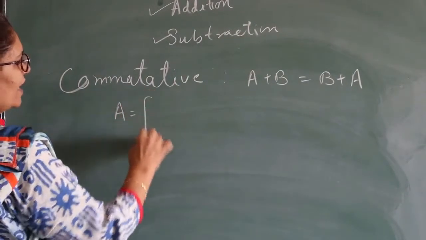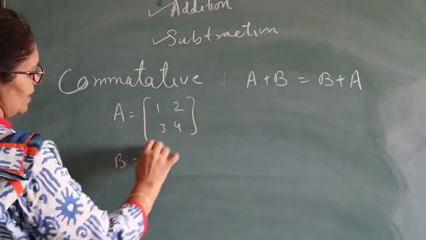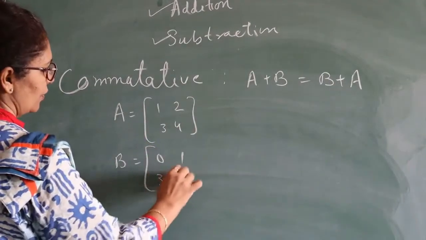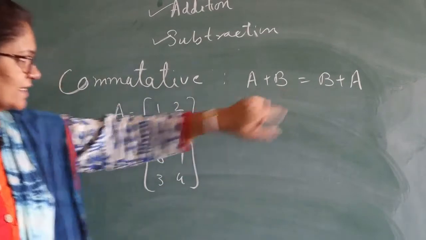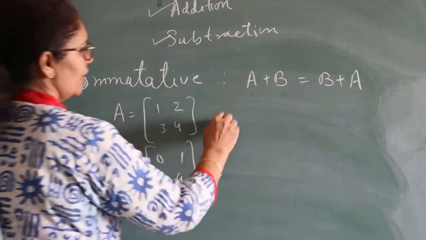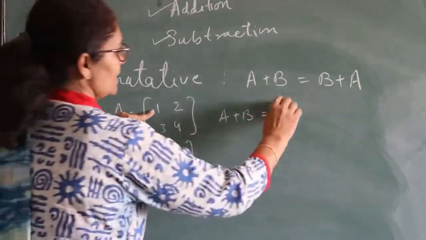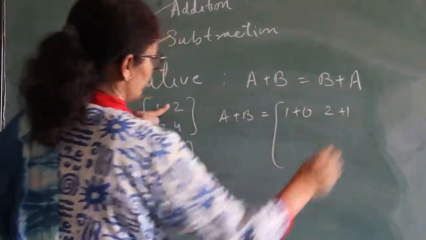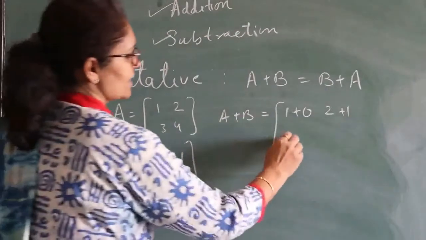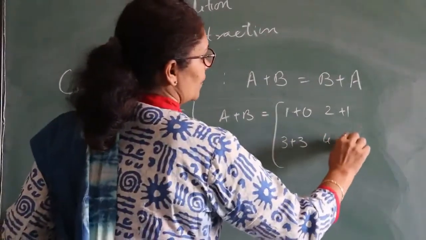Suppose your matrix A is 1 2 3 4 and matrix B is 0 1 3 4. First, A plus B. 1 plus 0 is 1, 2 plus 1, then 3 plus 3, and last 4 plus 4.